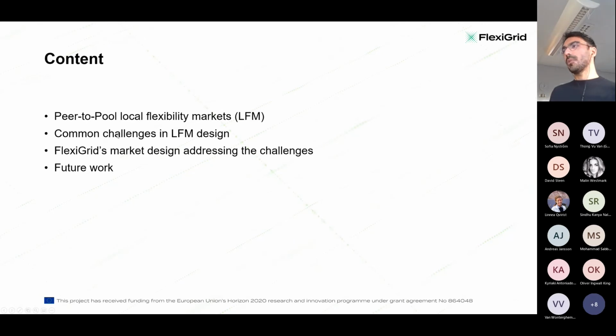Sophia mentioned some of them. I will dig a bit more into some of them, and then I will present the market design that we have addressing these challenges, and then some future work that we are planning to do.